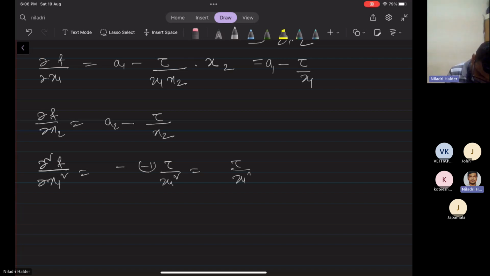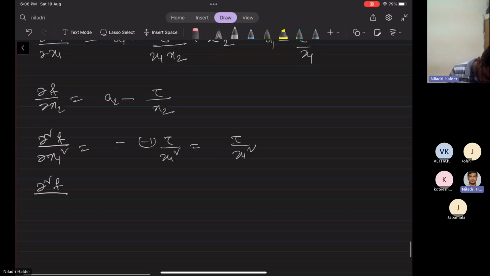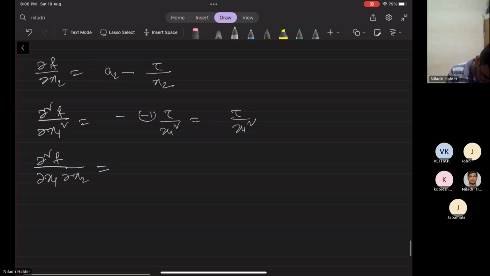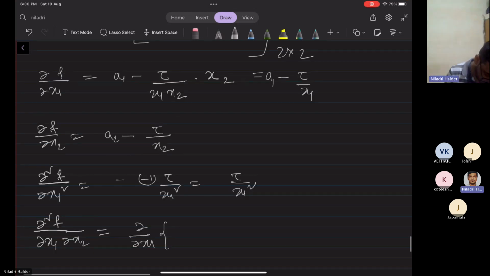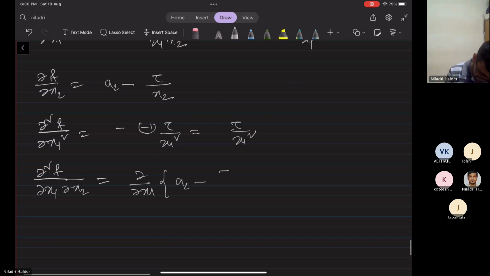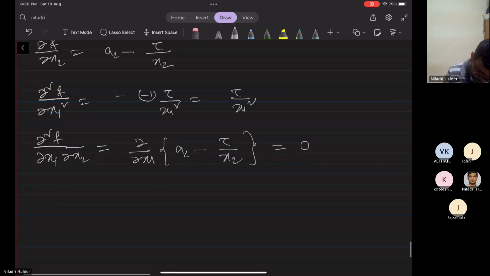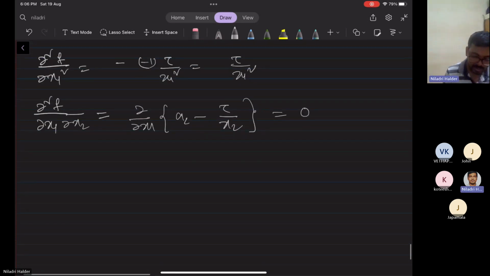And del f del x2 is a2, correct? This is independent of x1, so that's why.